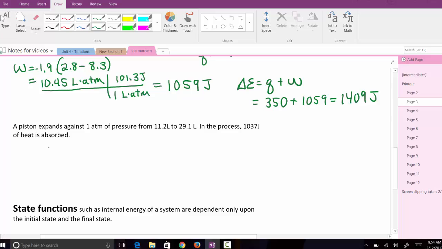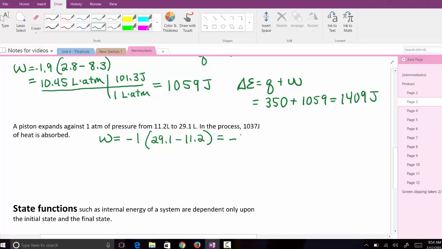Okay, let's look at this one. So here again, I'm giving my work in terms of a pressure, which is 1 atmosphere, and then my V final, 29.1 minus 11.2. So here my work is going to be 29.1 minus 11.2.